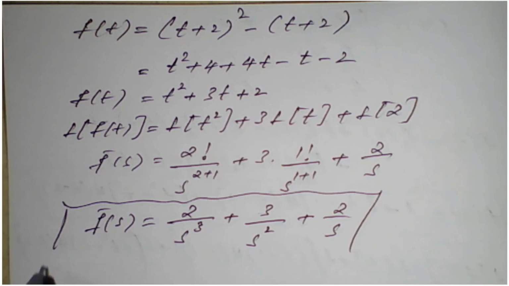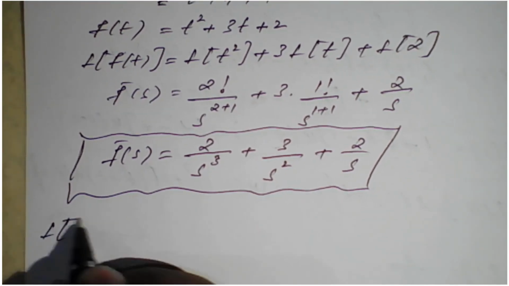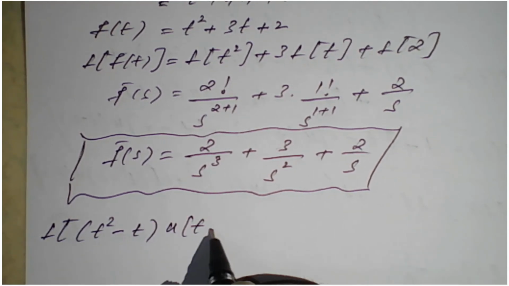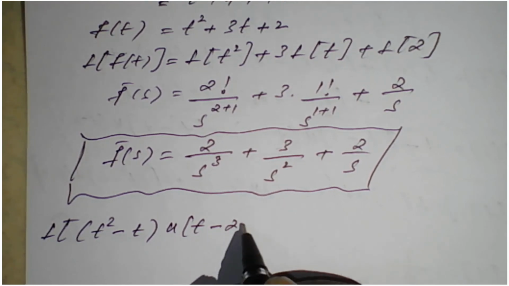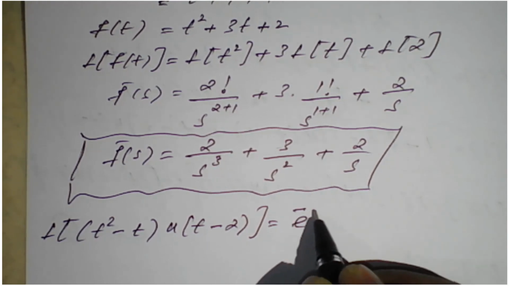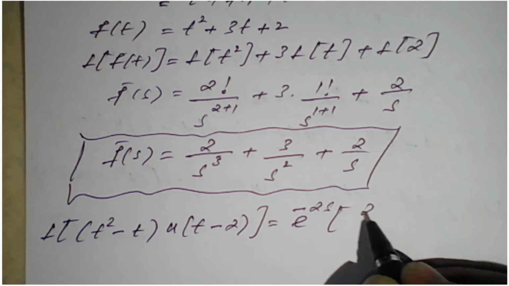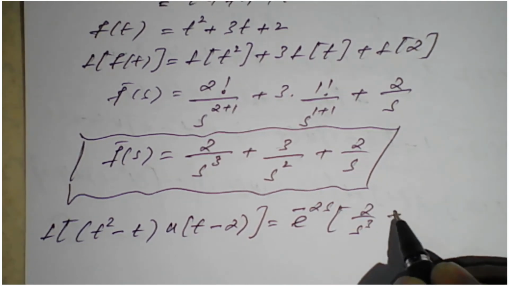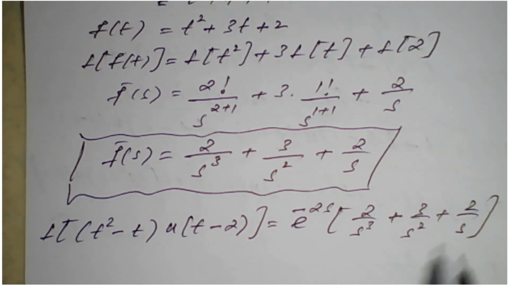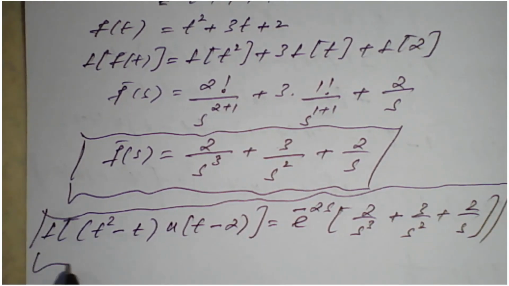So we got this result. So therefore Laplace transform of t square minus t into u of t minus 2 is nothing but a value is 2, so e raised to minus 2s into 2 upon s cube plus 3 upon s square plus 2 upon s. So this result will apply in equation number 1.